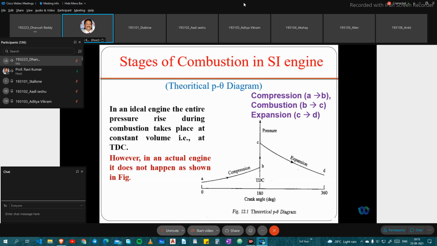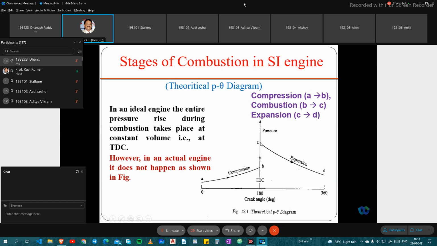In an ideal engine, the entire pressure rise during the combustion takes place at constant volume at TDC. However, in an actual cycle, it does not happen, as shown in the figure. A to B is the compression, where the piston moves from BDC to TDC, slowly reducing the volume and compressing it. At the end of the compression you get the spark.